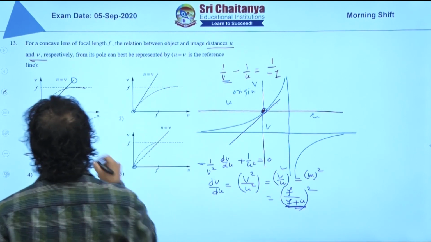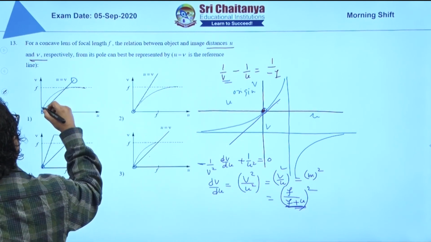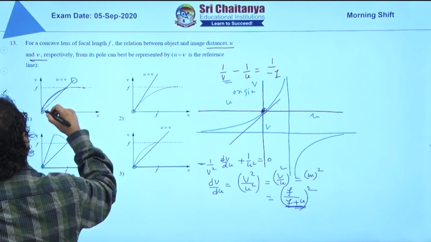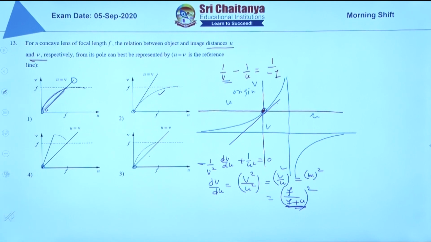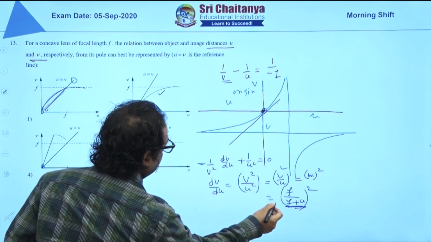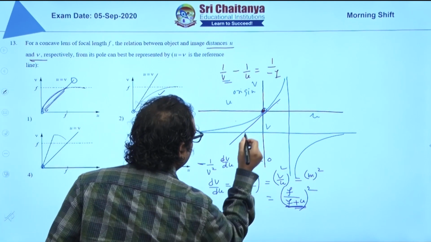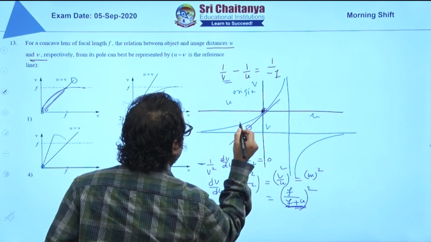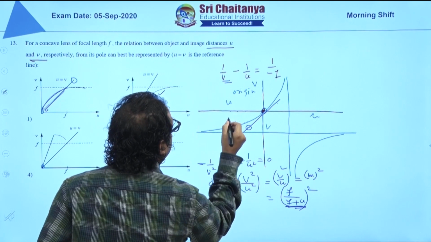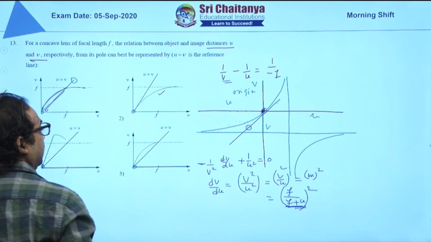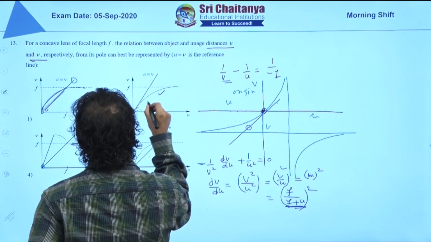There is no question of intersection like this; it has to be separate. So we got this kind of graph, and it is not going to intersect, because all other points have slope less than 1. So this is your right answer.